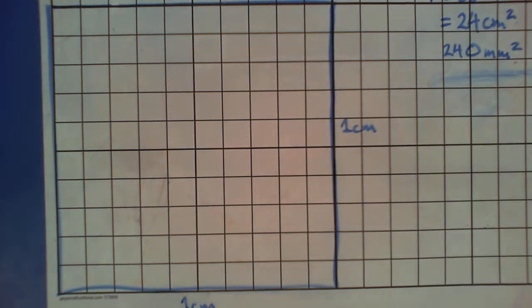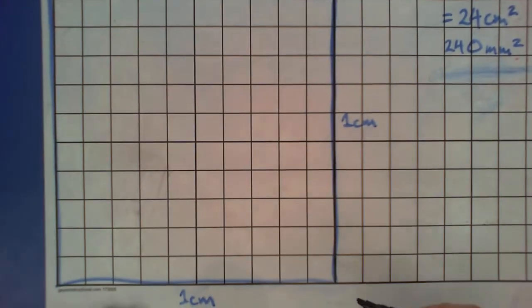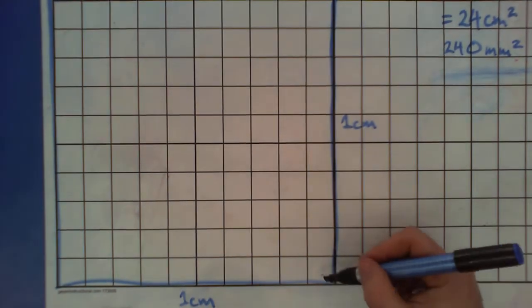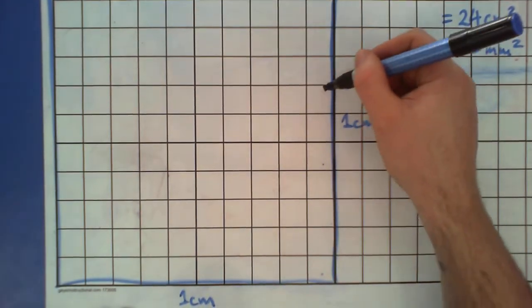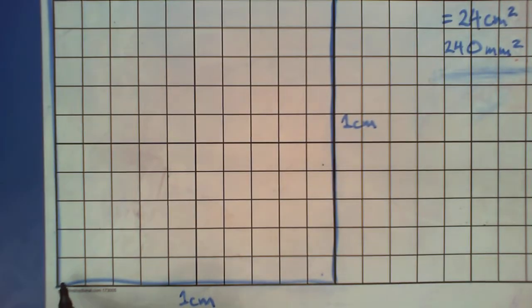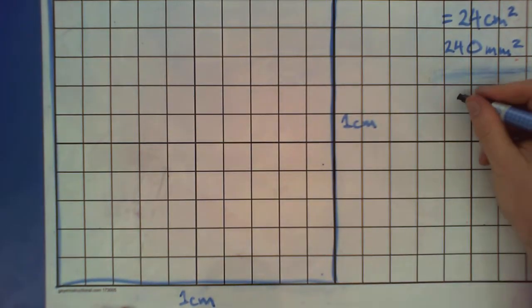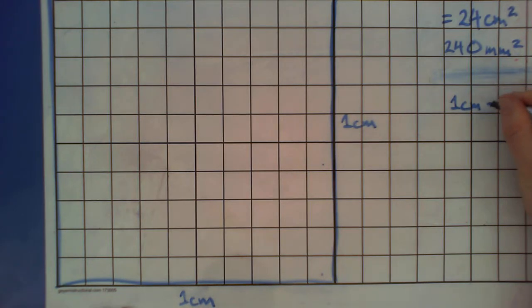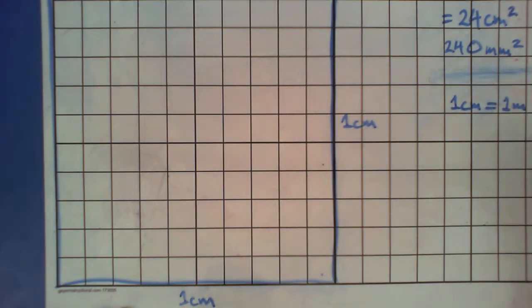Conveniently, using this grid, we can see that our dimensions are 1, 2, 3, 4, 5, 6, 7, 8, 9, 10 by also 10. So a 10 by 10, which is quite nice because we know that 1 centimeter equals, sorry, not 1 millimeter, 10 millimeters.